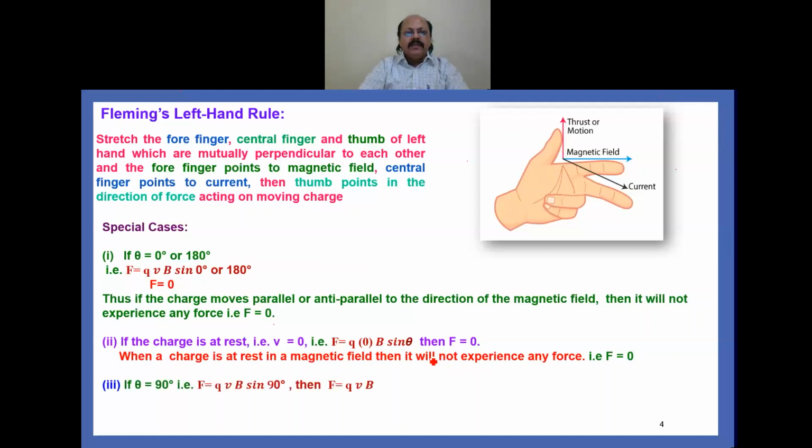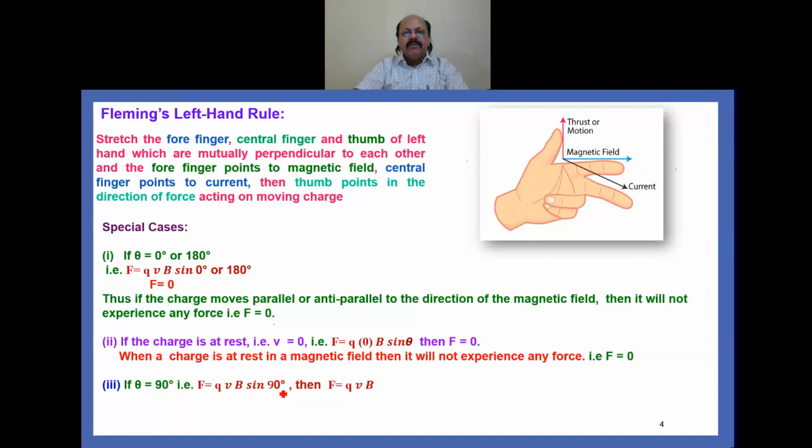And the third case, if theta equal to 90 degrees, means the charge is moving perpendicular to the direction of the magnetic field. In that condition, you apply the same formula, F equal to QVB sine theta, but in place of theta you substitute 90 degrees.